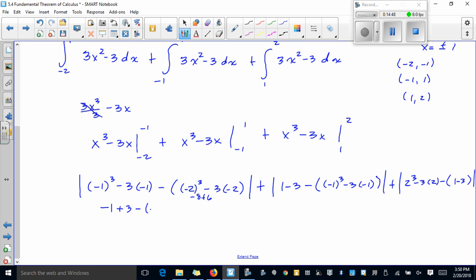Oh, do you see my mistake? I just saw it. Sign error, that's something to be really, really cautious with. It's right here: negative 1, negative 3, minus, and all of this in here became negative 2. So these two are going to become positive. So negative 1 plus 3 plus 2. So you get 5 minus 1, so you're going to get 4 here.